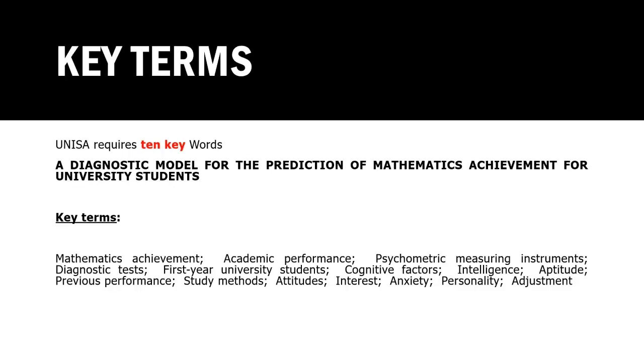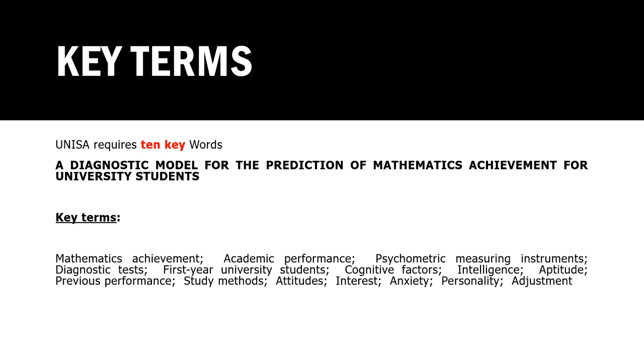Then your key terms. UNISA requires 10 keywords, and usually your keywords are taken from your title. At the very least, they should be there, but there could also be refinements.